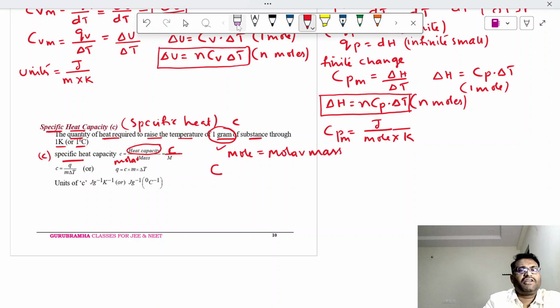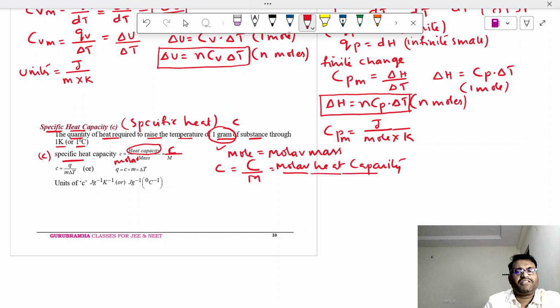Small c represents specific heat capacity: small c is equal to capital C by molar mass, where capital C is molar heat capacity.